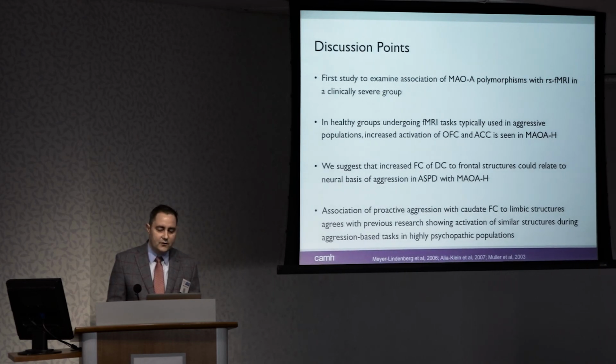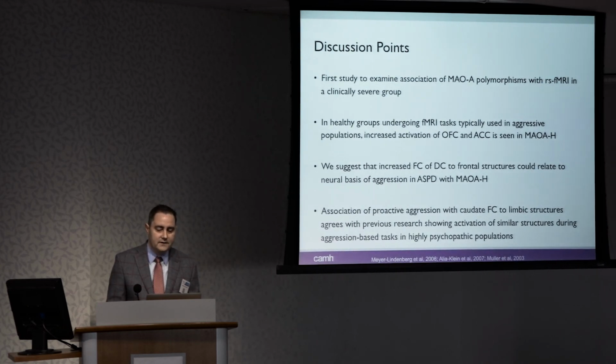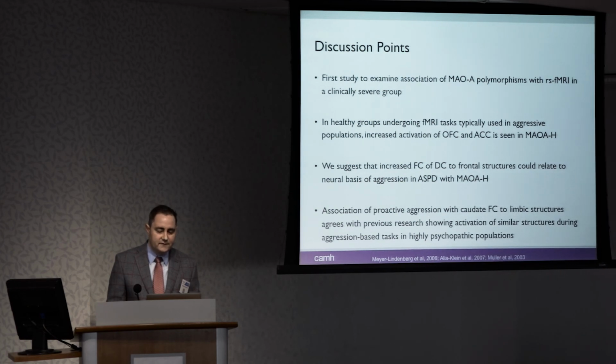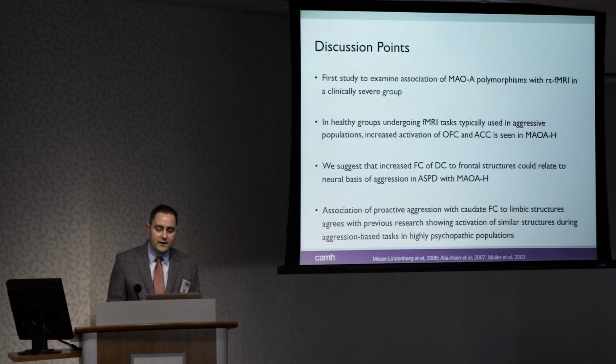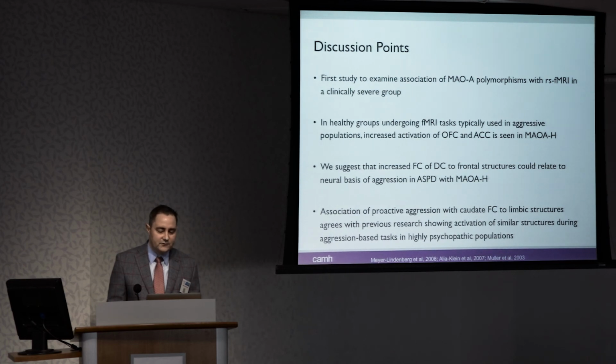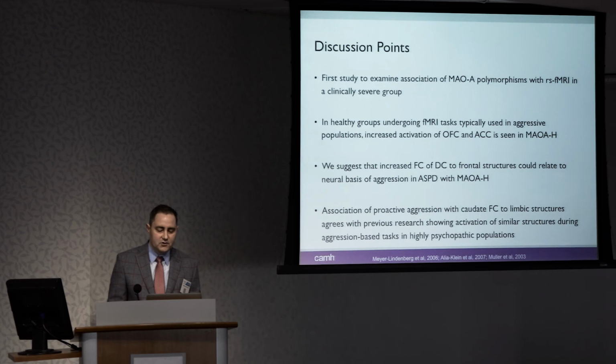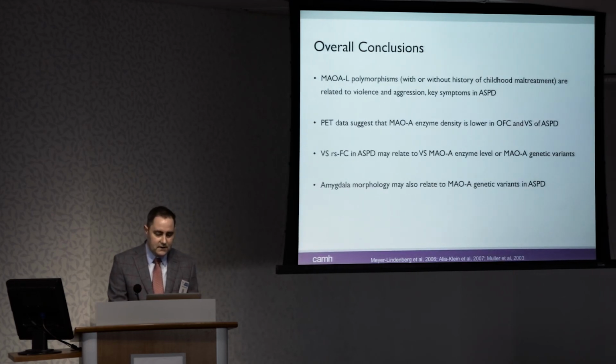And we suggest that increased functional connectivity of the dorsal caudate to frontal structures could relate to the neural basis of aggression in ASPD with high-activity MAOA. And the association of proactive aggression with caudate functional connectivity to limbic structures agrees with previous research showing activation of similar structures during aggression-based tasks in highly psychopathic populations.